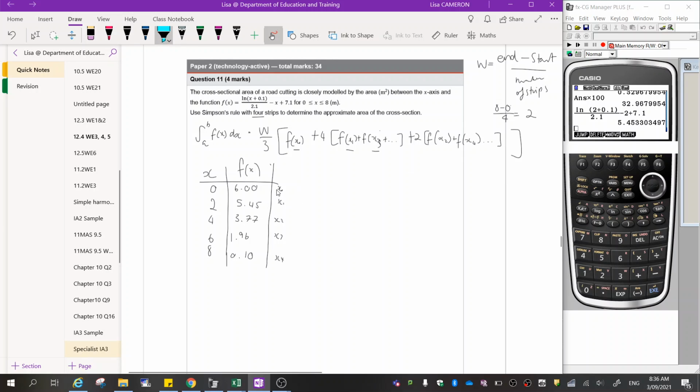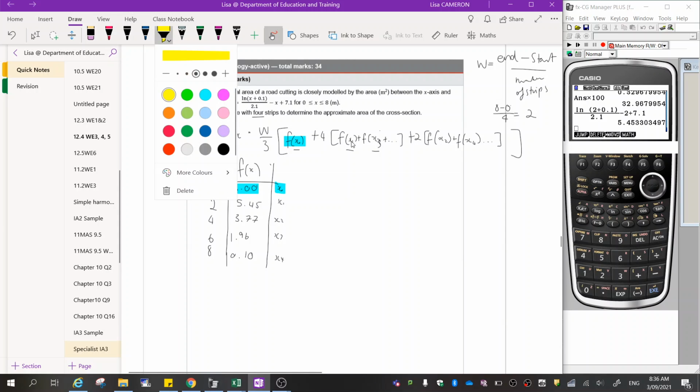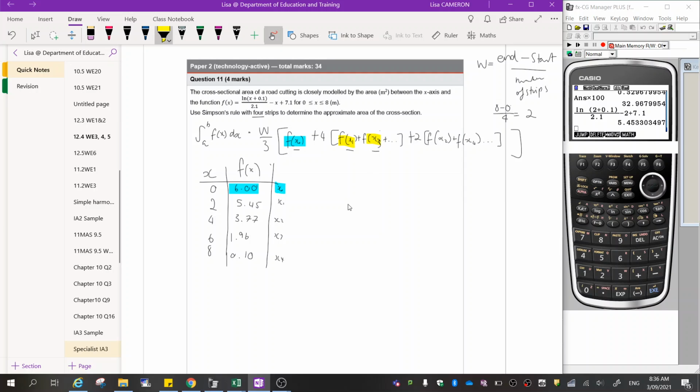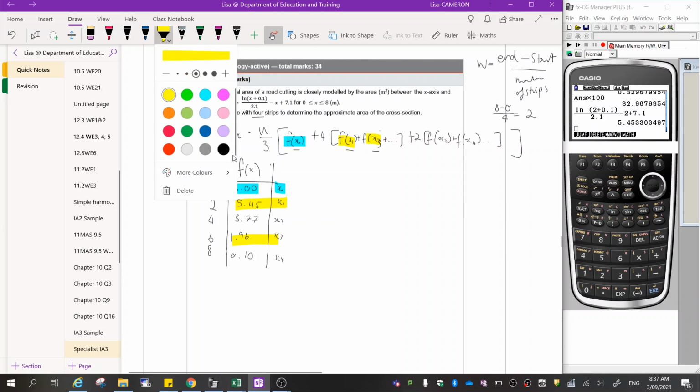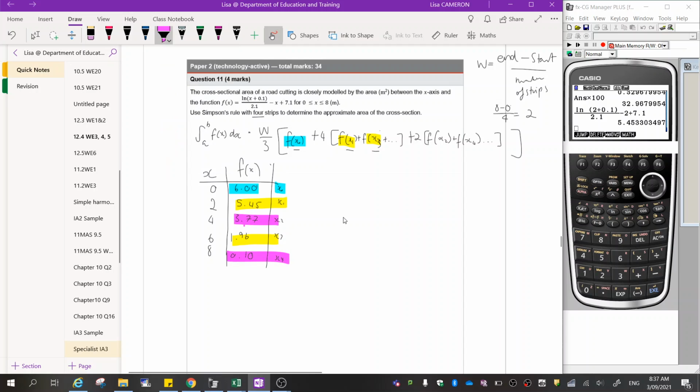So this first one is going there. Next, anywhere I've got odd terms, like this one and this one, they're going into this part here. Wherever I've got the even terms, which is this one and this one, they're going in over here, okay? And then I'll be a happy lady. So let's just chuck that in now.